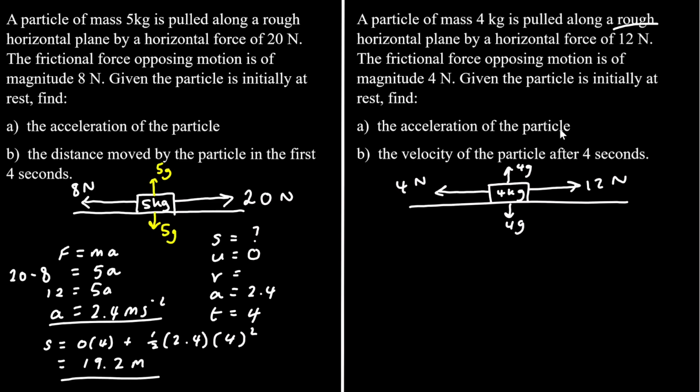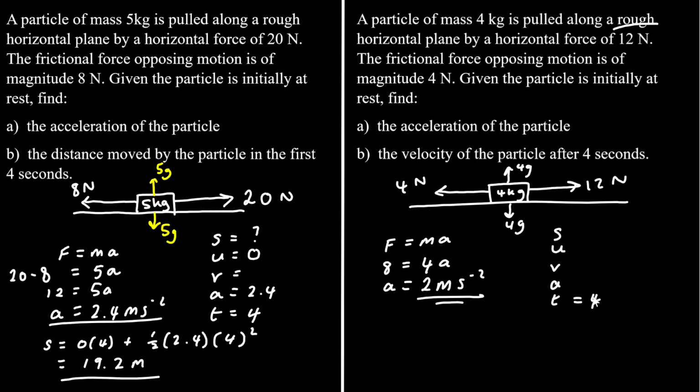Find the acceleration of the particle. So again, F equals ma. The resultant force is 12 take away 4, which is 8 newtons, and that's equal to 4 times acceleration. Acceleration must be 2 meters per second squared. Find the velocity after 4 seconds.